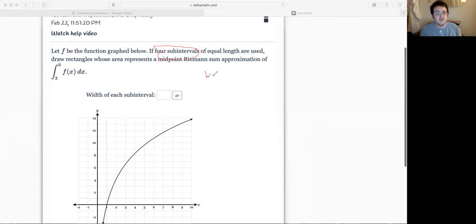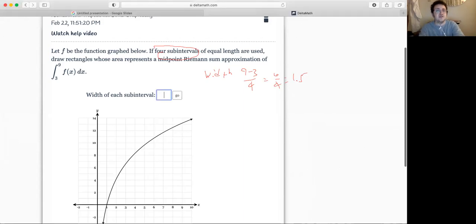Like before, we need to find the width, so we're going to do 9 minus 3 over 4. That gets us to 1.5 for our width. And we're going to take that right up, and there is the midpoint. It gives you the midpoints beautifully.